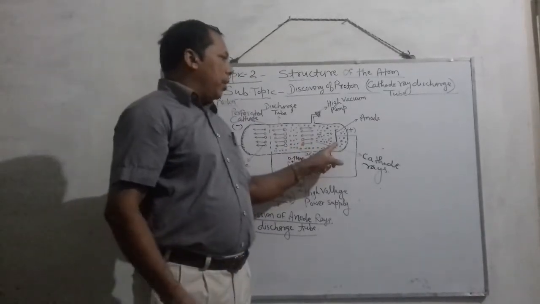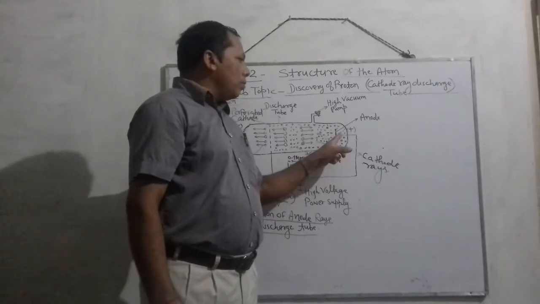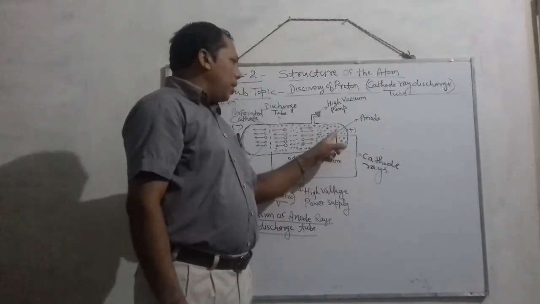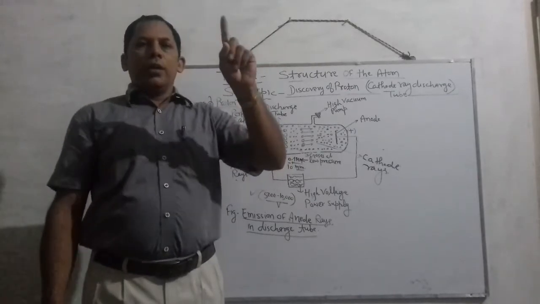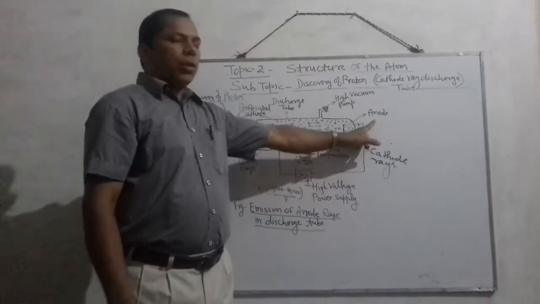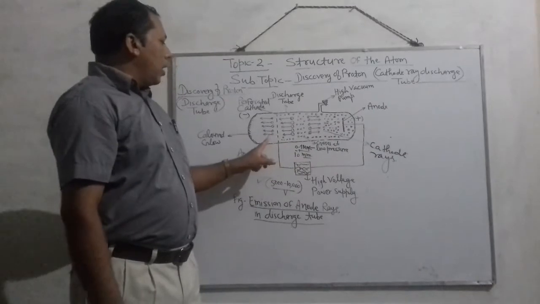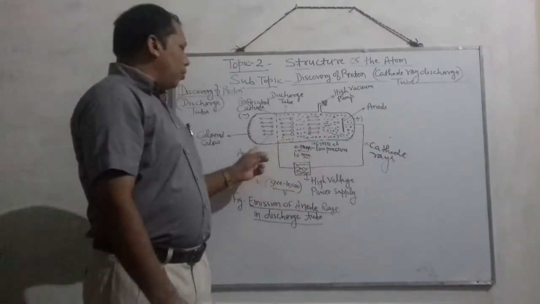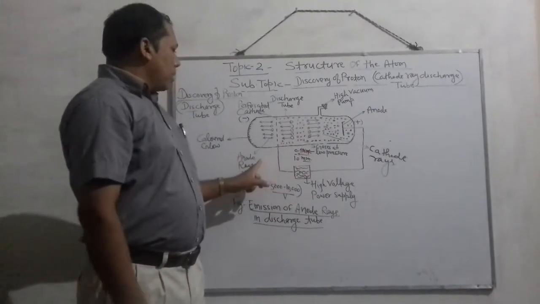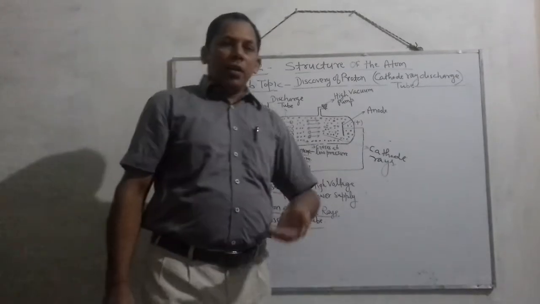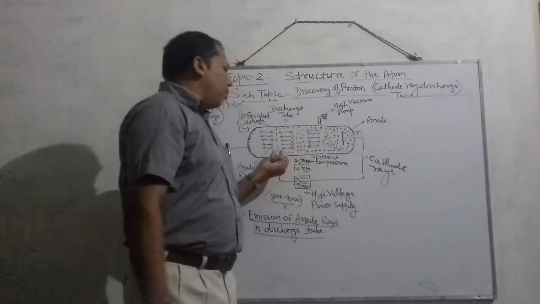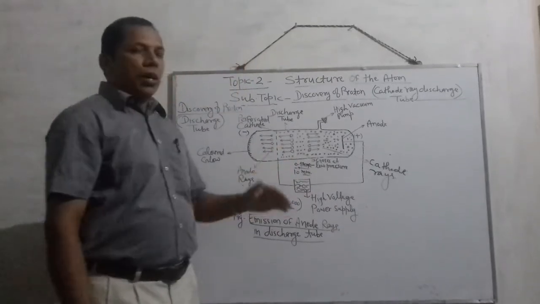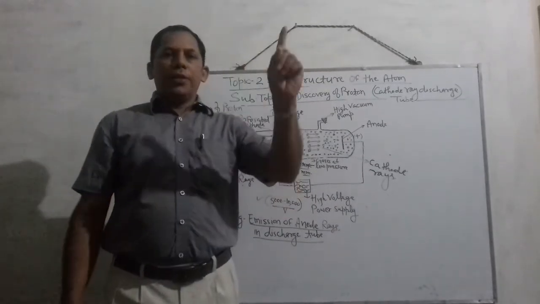Since they originated from the anode, they are also termed anode rays. Since the anode rays, that is canal rays, are composed of positively charged particles, these rays are also called positive rays.